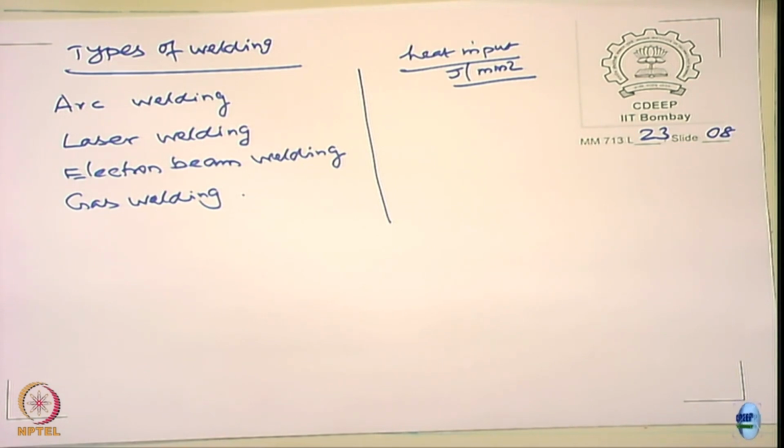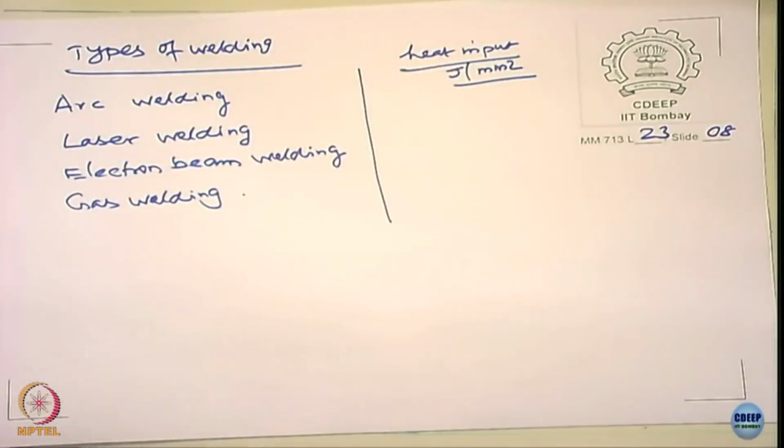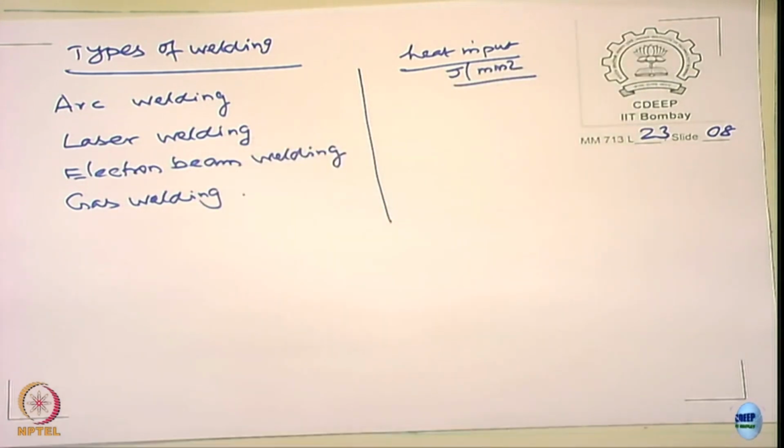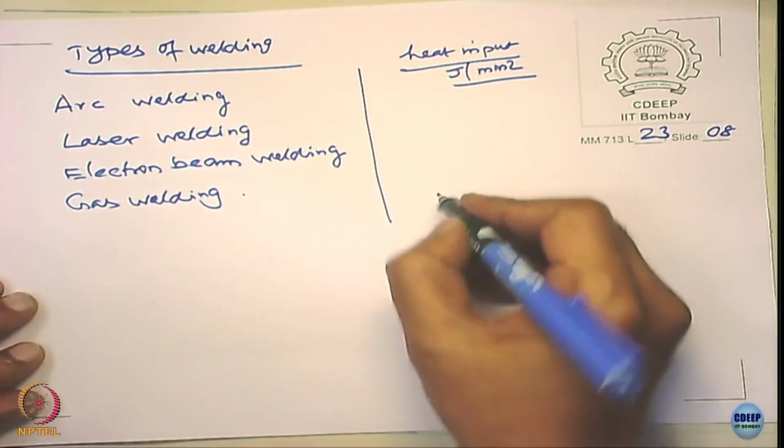So how do you consider that? Which one is the highest here? Heat input required to weld. I am not talking about the power of welding, right. I am talking about the heat input required to weld this much area, right. That is what I mean. So you should not confuse between these two, right? Okay. So gas is the highest.